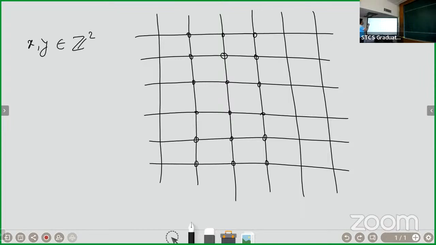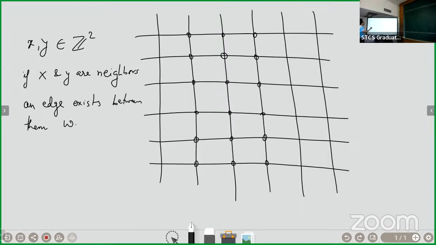If x and y are neighbors, an edge exists between them with probability p, independent of everything else.